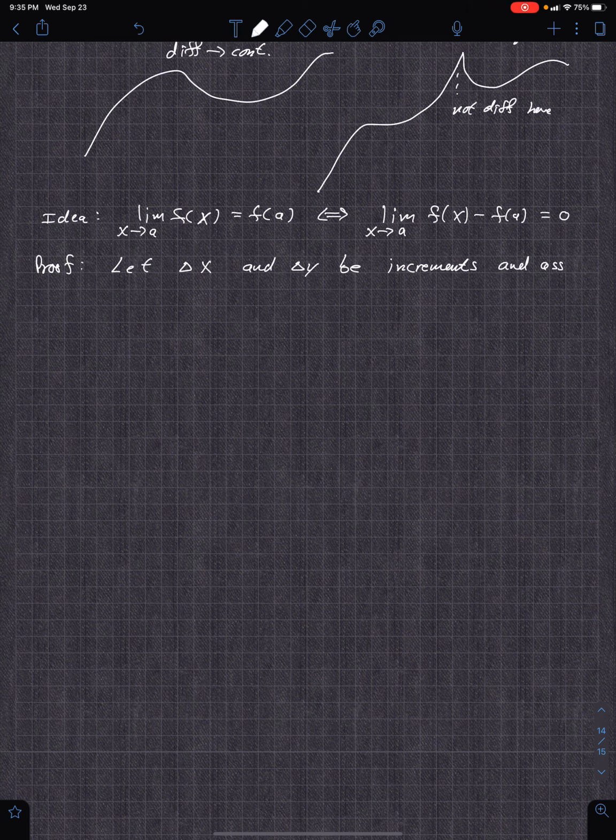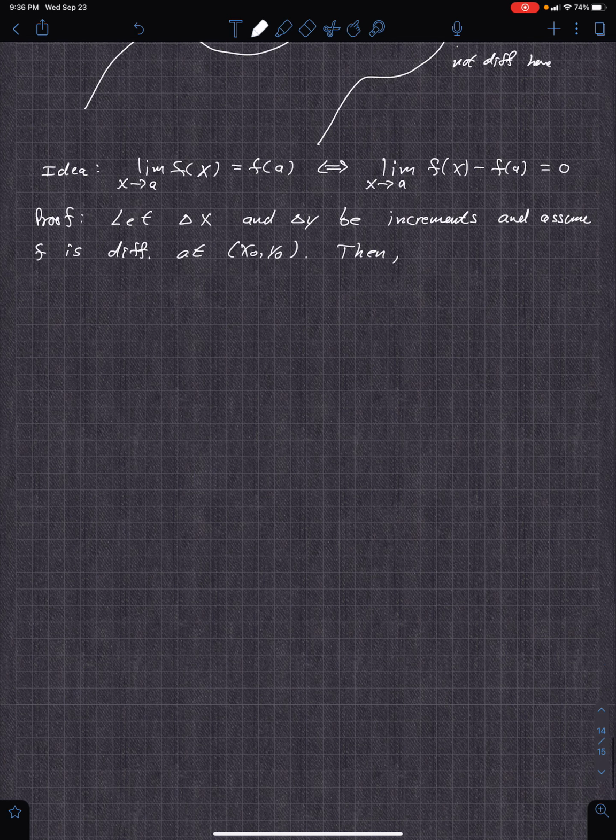And we have to state, assume f is differentiable at x naught, y naught. So then we have two things.